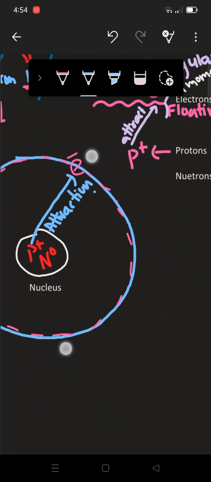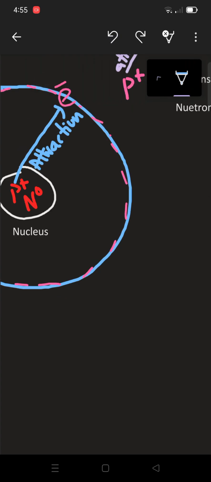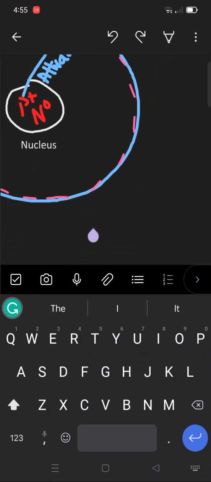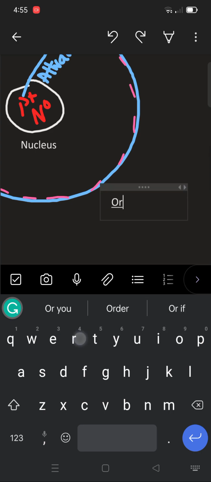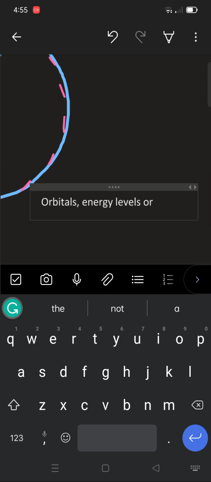Alright, so this orbit is what we call the orbital or energy level, or the third name of this is stationary level. Let's write their names. They can either be said as orbitals or energy levels or stationary levels.